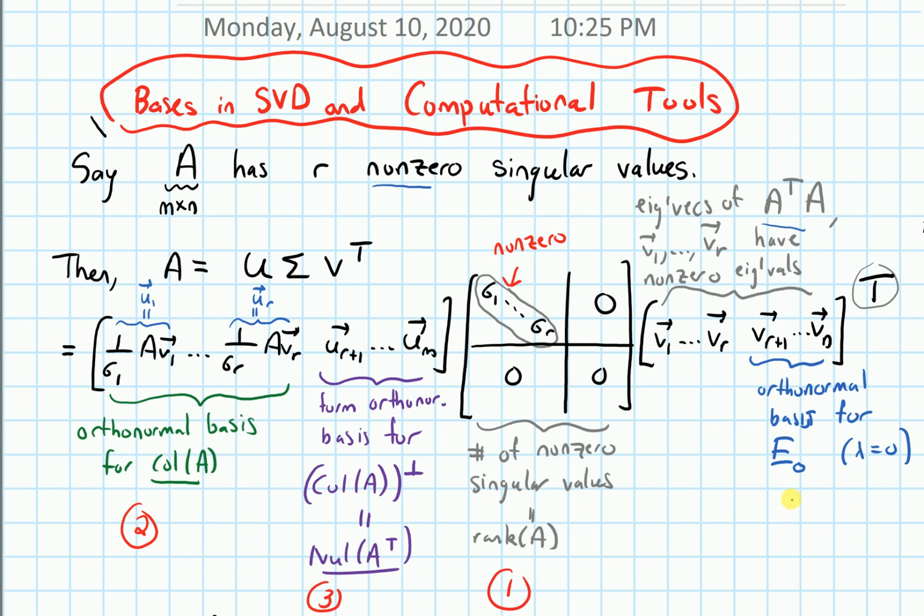The eigenspace that corresponds to 0 is a null space.